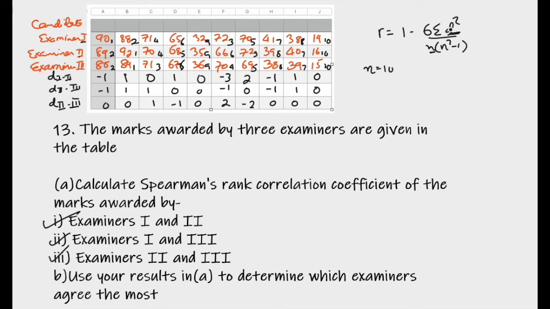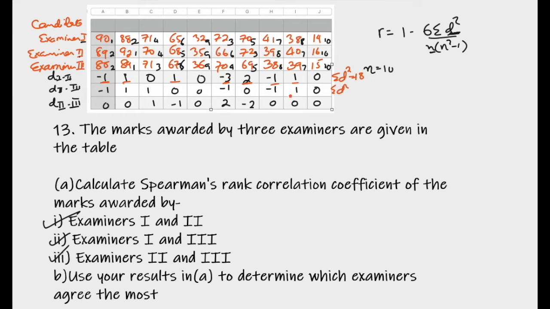Now I will write sigma d square for all these lines. So sigma d square here will be 1 square, which is 1. So 1 plus 1, 2, 3 plus 9. Negative 3 squared will be 9. So 3 plus 9, 12 plus 4, 16, 17, 18 in this case.